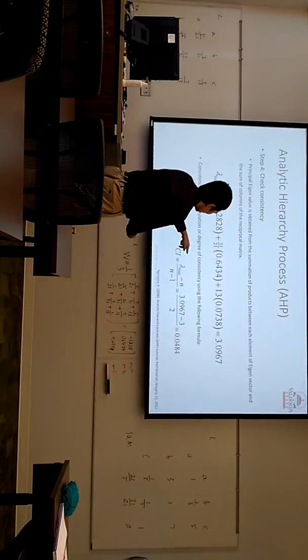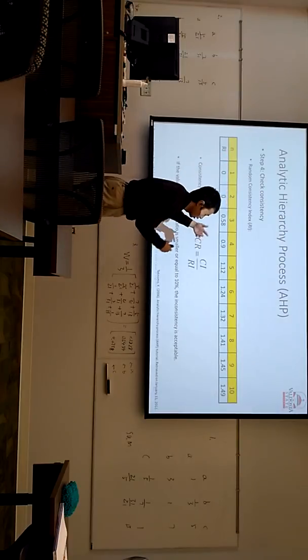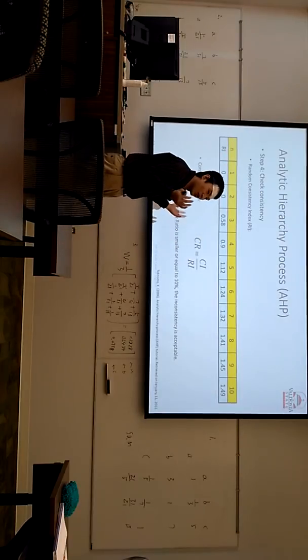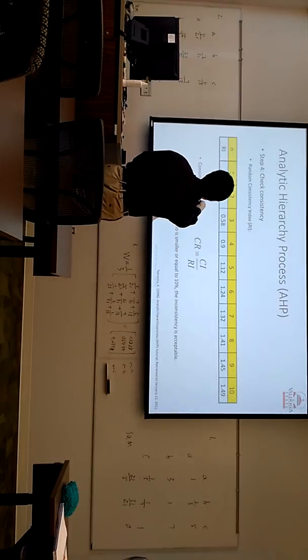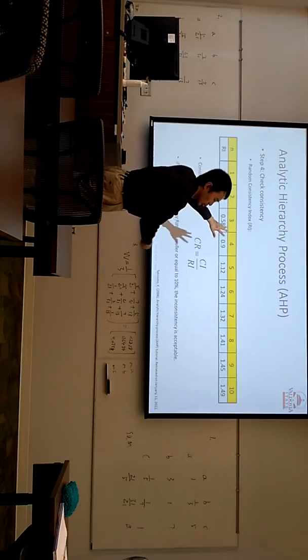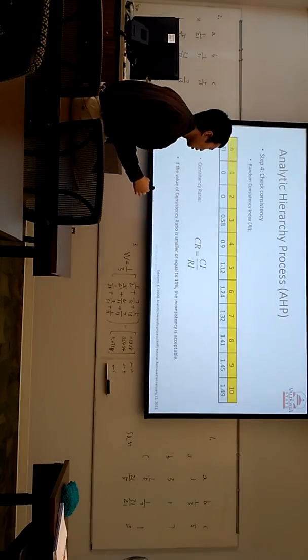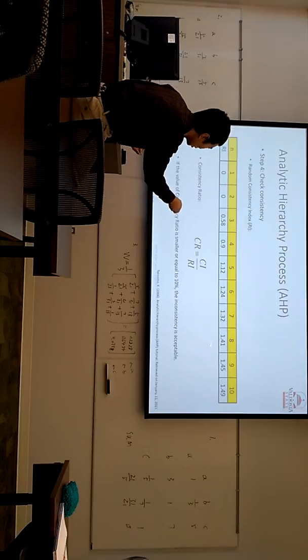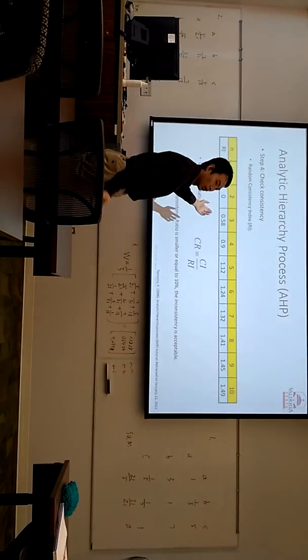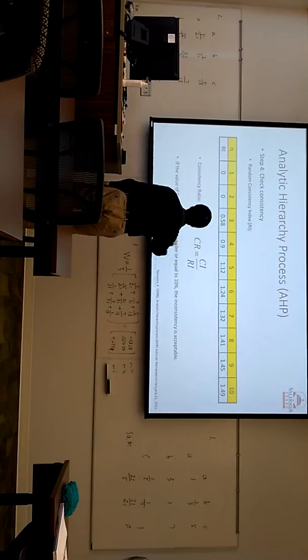After we have this consistency index, we have to compare it with some predefined value. Here is the random consistency index. This is predefined, based on their experience. These are the empirical measures. So let's calculate this consistency ratio.